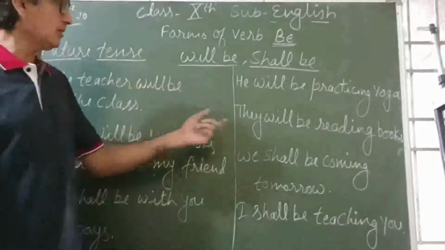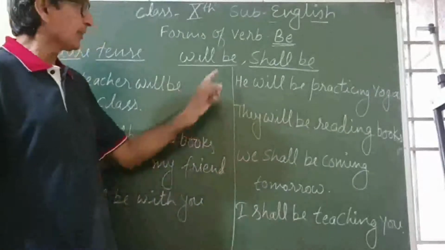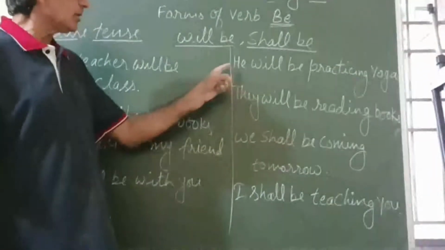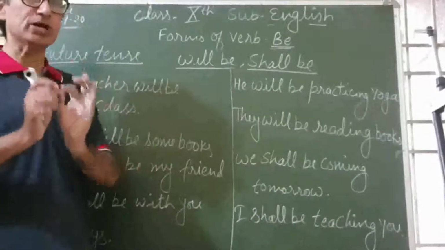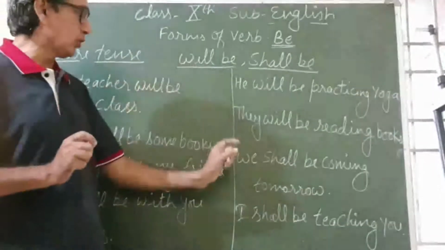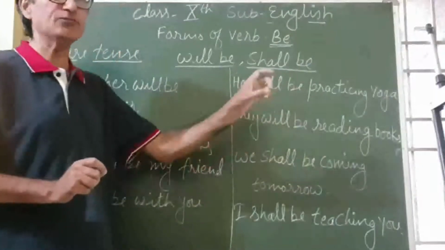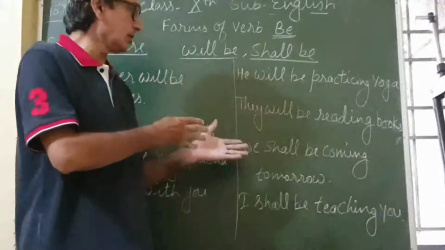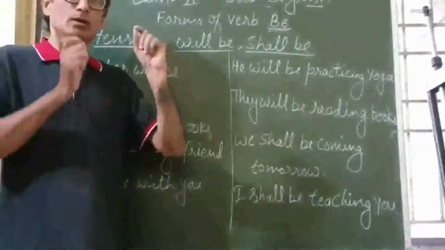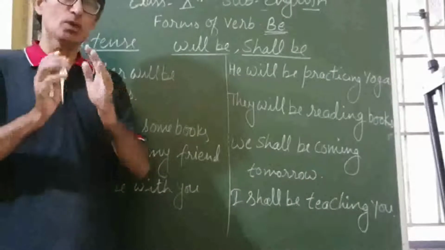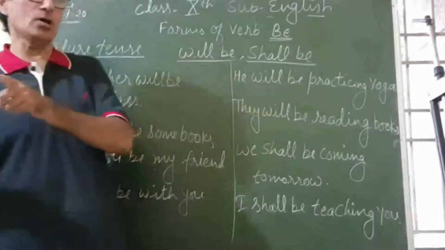So when the subject is any noun, or he, she, and it, it will be considered third person. Suppose the teacher will be, or he will be, she will be, it will be. We are overlooking here the third person pronoun he, she, and it, and all the nouns.